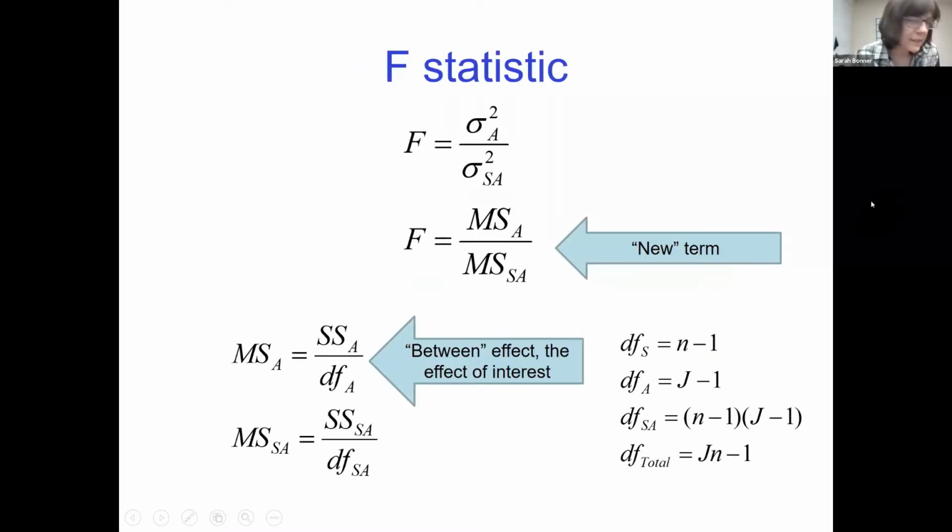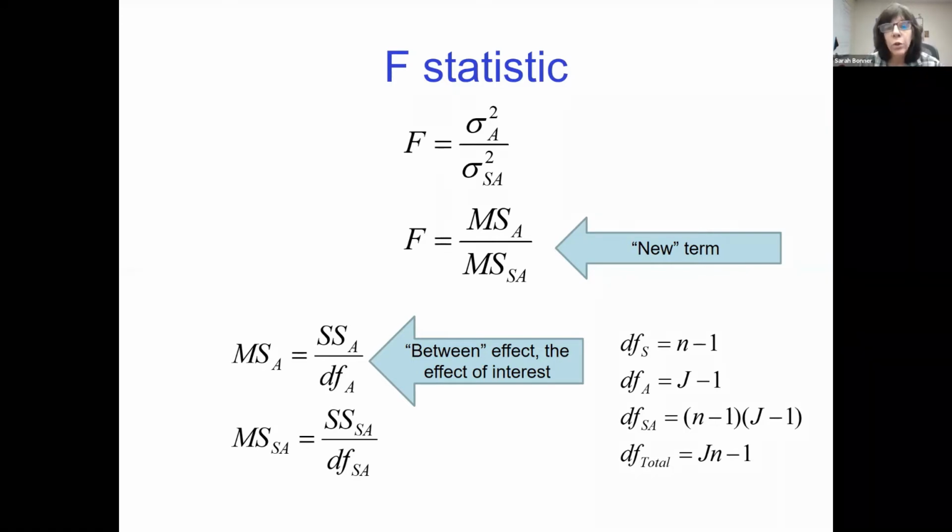So the F statistics, as I said, are calculated in the traditional way. The F for the independent variable, which is what you're going to be interested in, is the variance due to A divided by the variance due to SSA, which is your new error term.